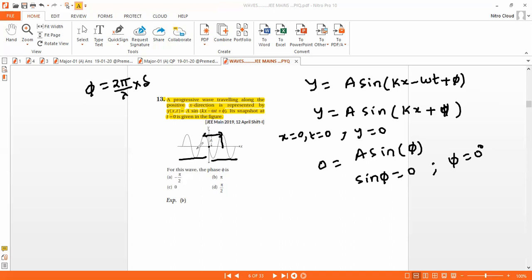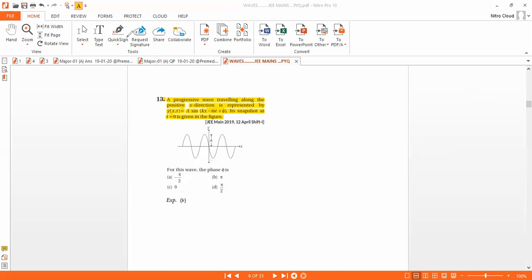This is nothing but lambda by 2 path difference. So phi is equal to pi. Completed.